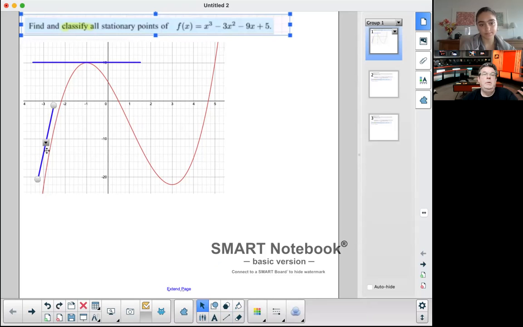Right? So like if I were to move this up, positive, positive, positive, and I'm not adjusting the tangent line, right? Until it tilts, tilts, tilts, and then it really starts to tilt, until the tangent is 0.